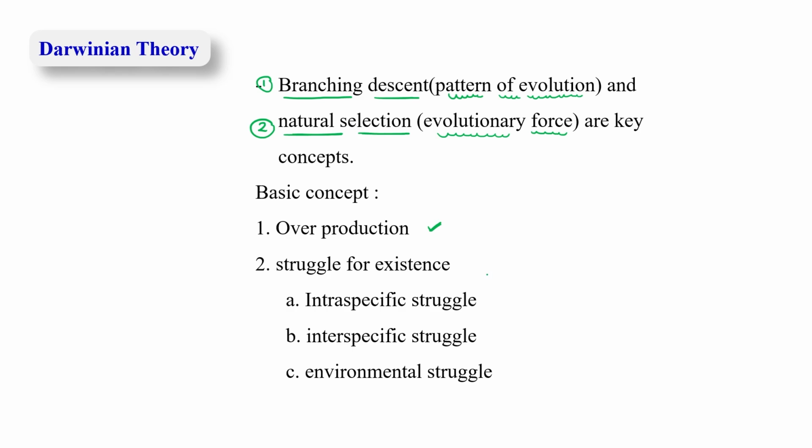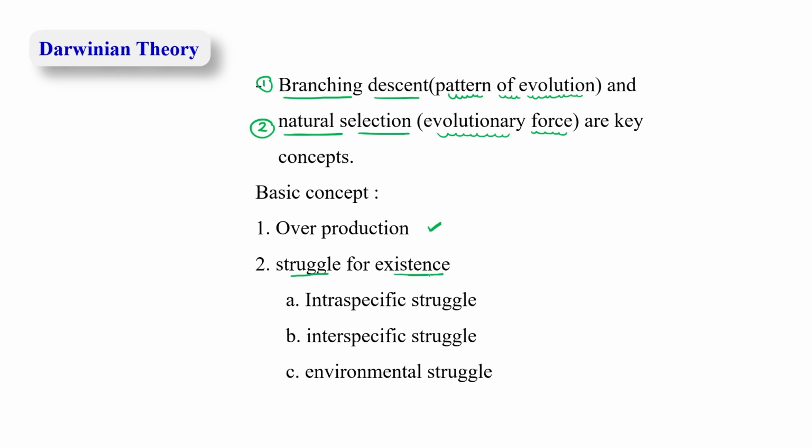Second, if a population is reproductively fit and overproduces with the passage of time, if it continuously overproduces, that is the ideal situation. But not all the individuals of each generation exist. Why? Because land is limited, food sources are limited. So there must be a struggle for existence.